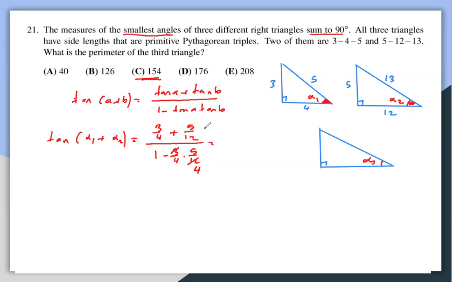So then 9 plus 5, which is 14 over 12. And then right here we have 5 over 16. So that will be 16 over 16. So 16 minus 5 is 11. So 11 over 16. So that looks like we have 7 over 6 times 16 over 11. Cancel. That should be 8 and 3. So 56 over 33.